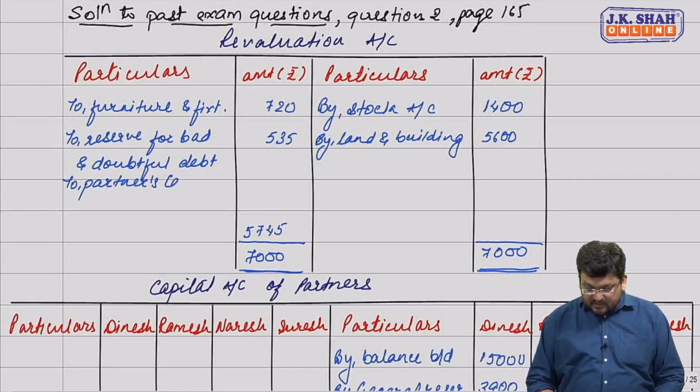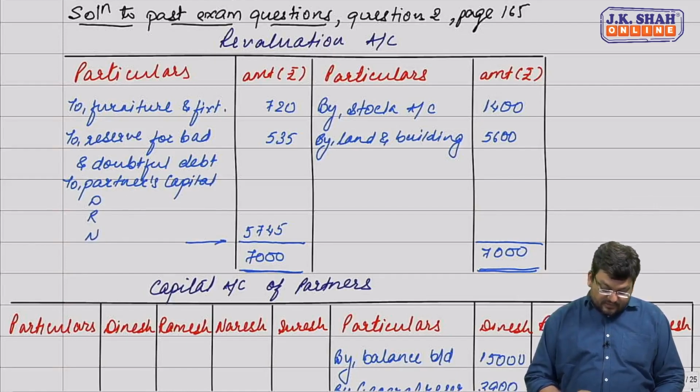Entry will be revaluation account debit to partners' capital accounts. It will be distributed among the 3 partners, Dinesh, Ramesh and Naresh, in their profit sharing ratio.